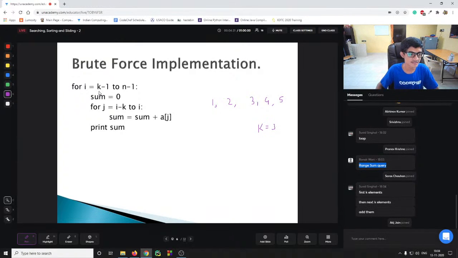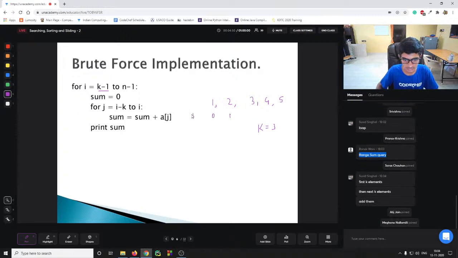Notice that this is zero-based indexing, so we start with k minus 1 to convert from one-based indexing to zero-based indexing. Now we iterate from k minus 1 to n minus 1. K minus 1 is 2, this is index 0, index 1. Please remember that this is the index. So 2, 3 and 4.